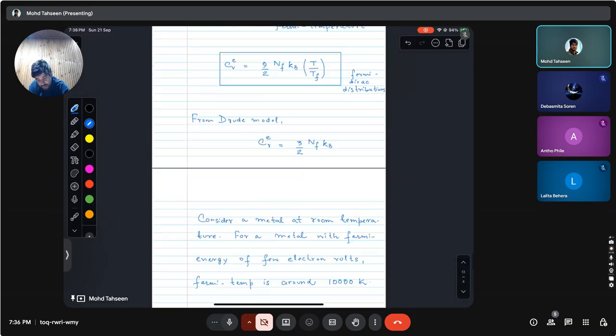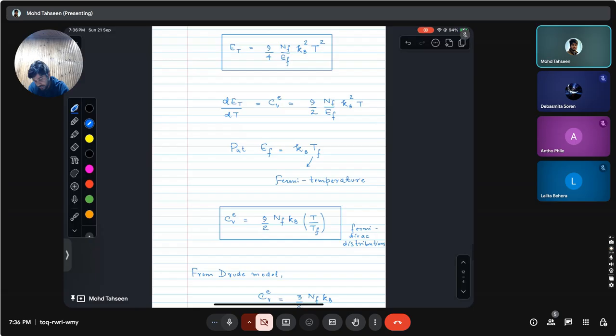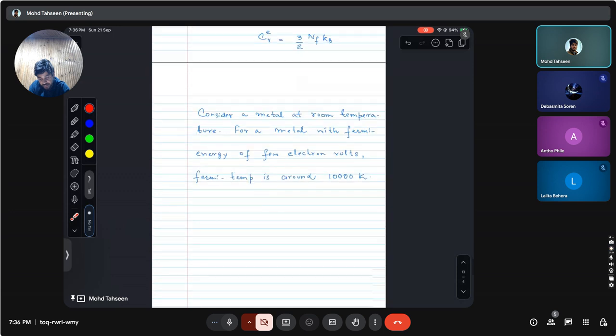From this expression, if we consider the Fermi energy is a few electron volts, then with the Boltzmann constant we can evaluate it, and it comes out to be around 10,000 Kelvin.